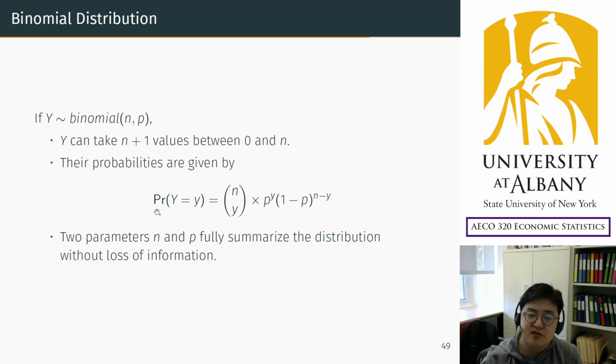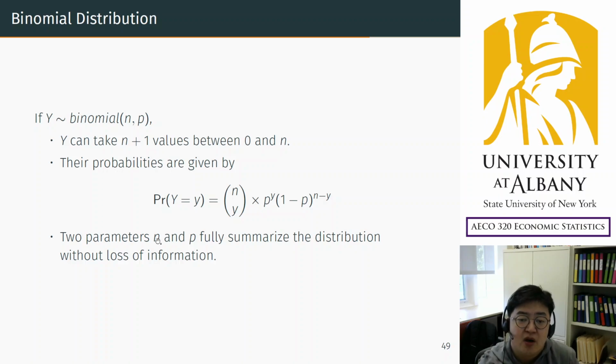If you're interested in the probability of 2 successes, then y becomes 2. If you're interested in the probability of 3 successes, then y becomes 3. So lowercase y is also a known value, a value of your choice. So basically the only unknowns are n and p.